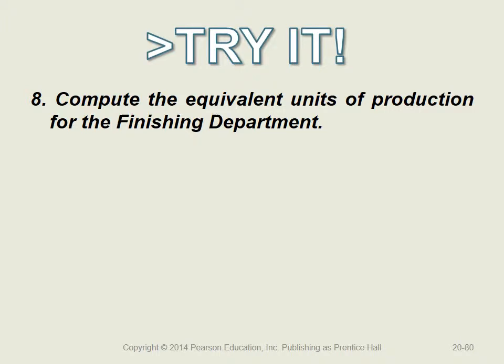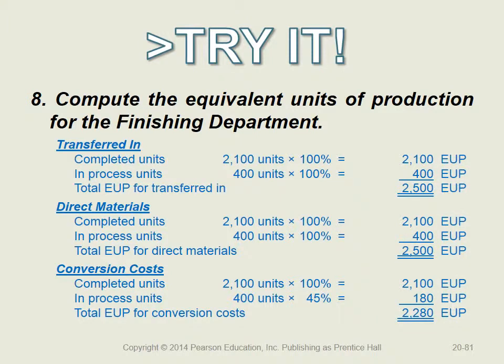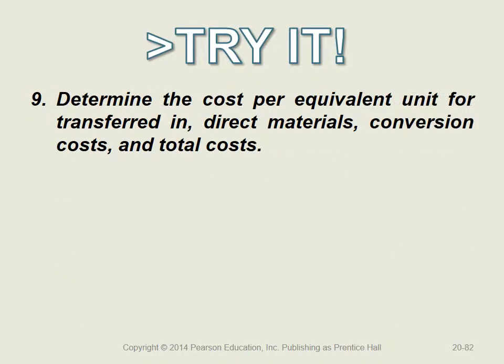Number 8, compute the equivalent units of production for the finishing department. So there you have the computations to complete the equivalent units of production for the finishing department. Number 9, determine the cost per equivalent unit for transferred in, direct materials, conversion costs, and total costs.